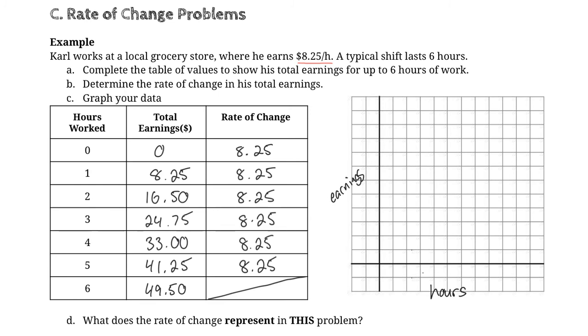And we need to make a scale, so on our x-axis, every 2 squares is going to be 1 hour. And on the y-axis, every 2 squares is going to be worth $10.